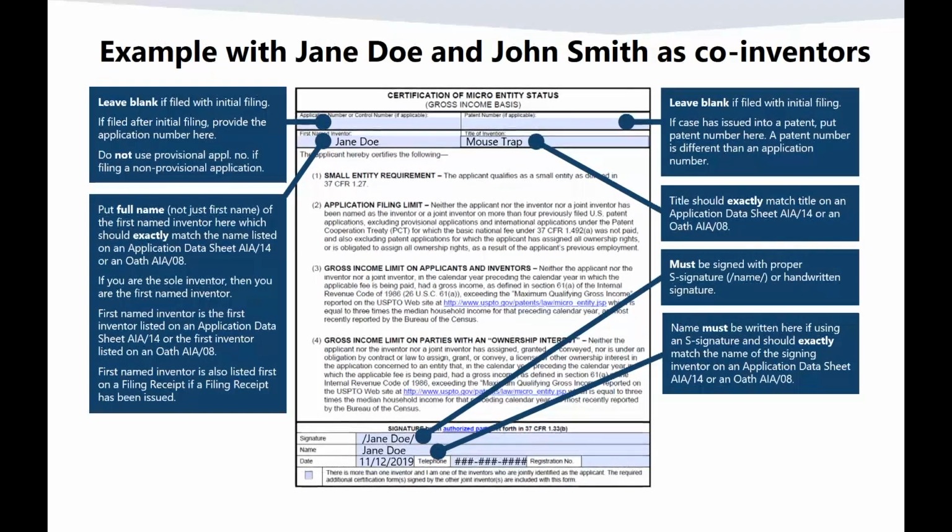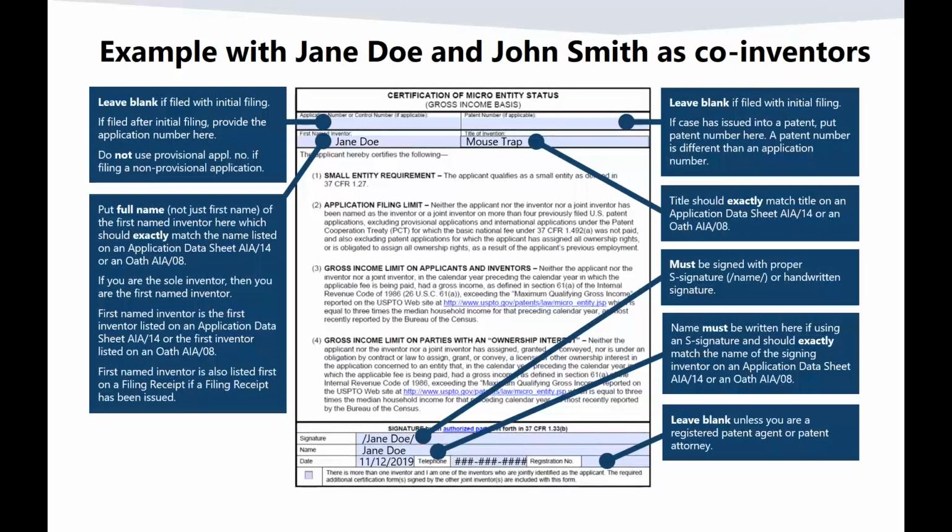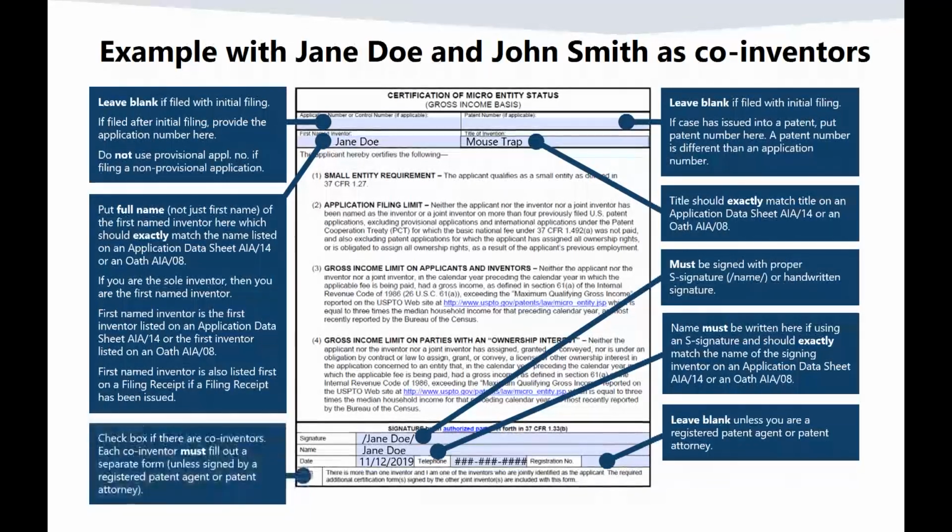We are also filling in the date and telephone number boxes. While these boxes are optional, it can be helpful to fill them in. We are leaving the registration number box blank because neither Jane Doe nor John Smith are registered patent agents or patent attorneys. If you are a registered patent agent or patent attorney, then you can put your registration number here.